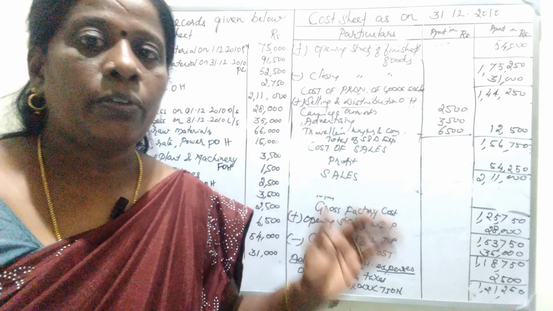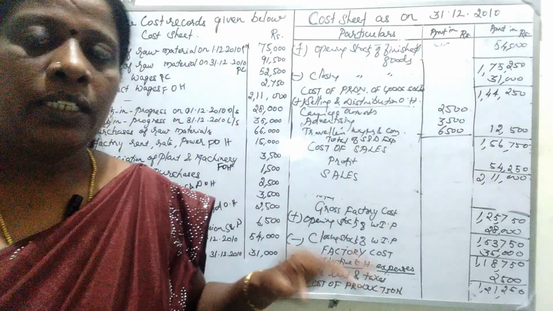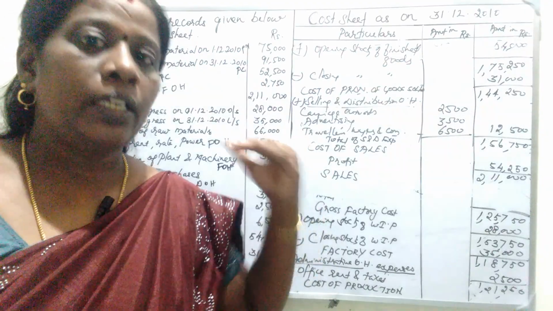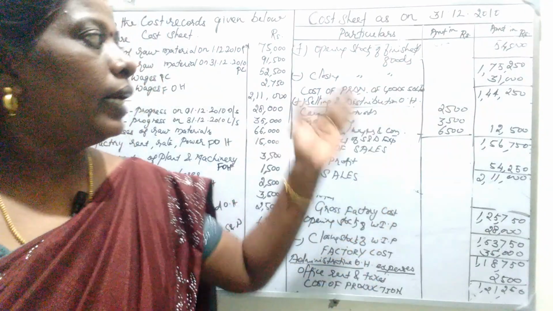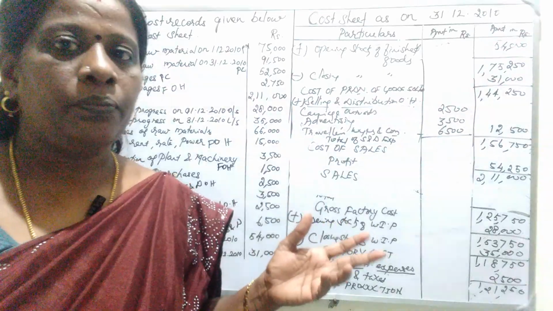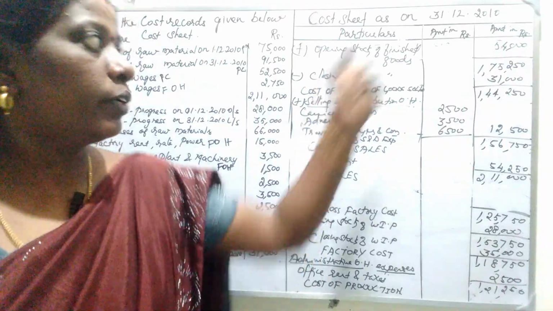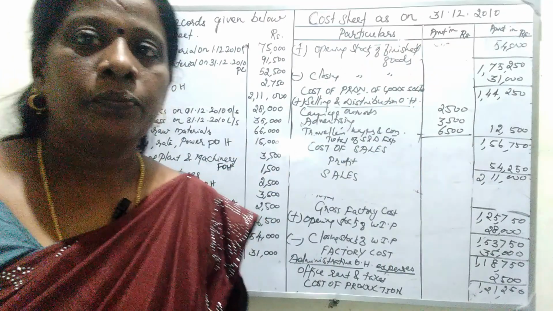Purchases of raw material have to be added to the opening stock, then any purchase-related expenses are also added, and then we deduct the closing stock of raw material. Finally we get the raw material consumption for the particular month.